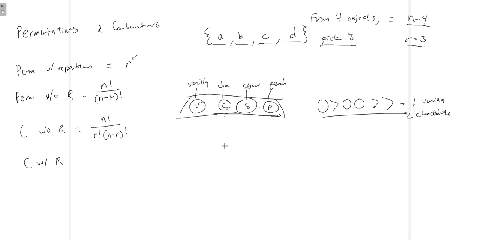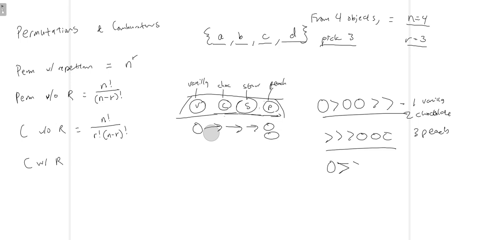Now if I want just 3 peach, I would move over, and then take 3 scoops. There's no other sequence that can give me 3 peach. Or, 1 vanilla, 2 peach: 1 scoop, move over, 2 more scoops. This is the only sequence that can give me 1 vanilla and 2 peach.